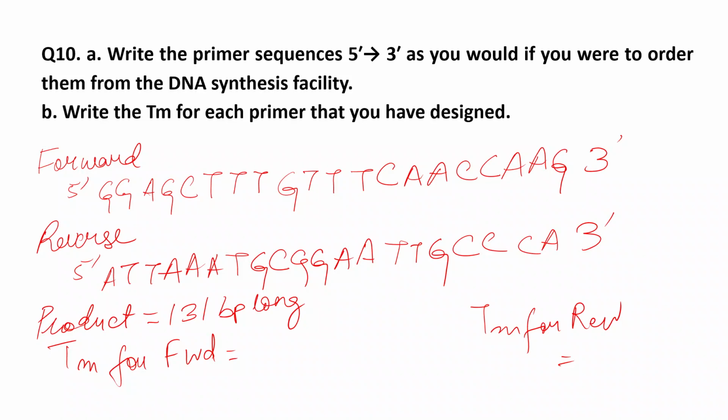How many A's do we have in the forward? One, two, three, four, five. Five A. One, two, three, four, five, six. 6T. Five G. 4C.